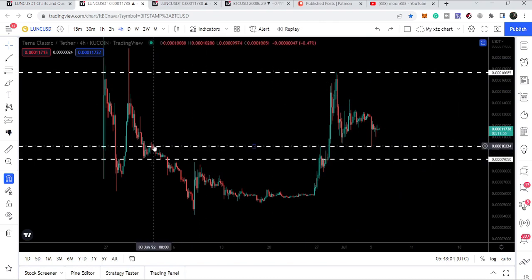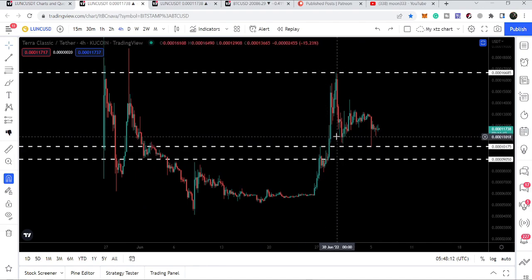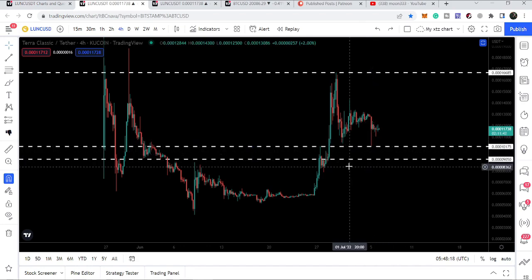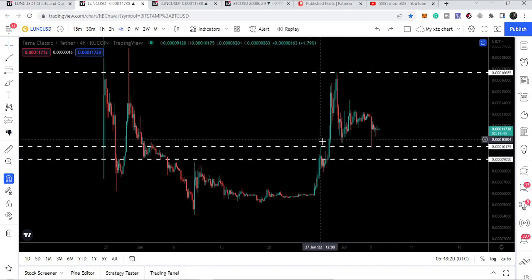0.0001075. Previously you can see here it has been breaking at the resistance for several hours on this 4-hour time frame chart, and recently we again bounced from the support of 0.0001075. And by the way, here it also worked as a strong resistance when we had this price rejection.